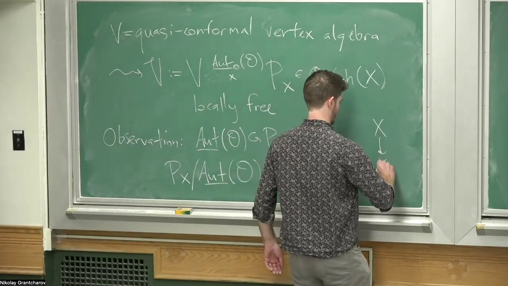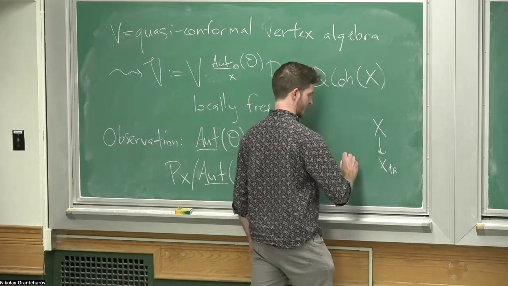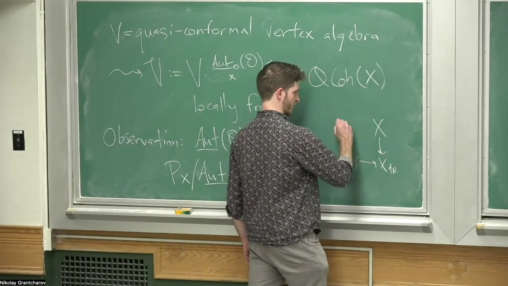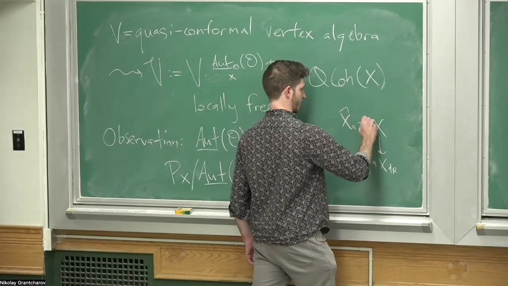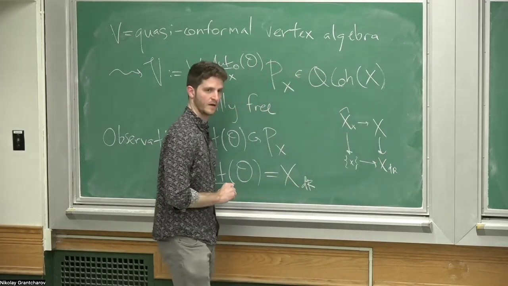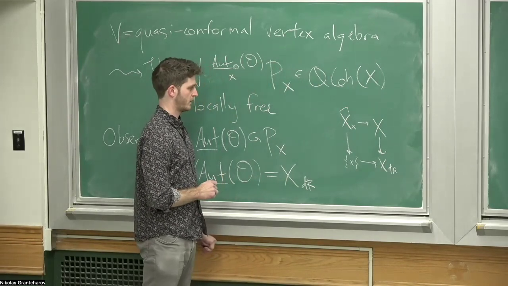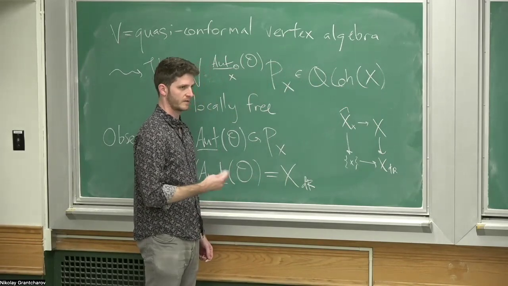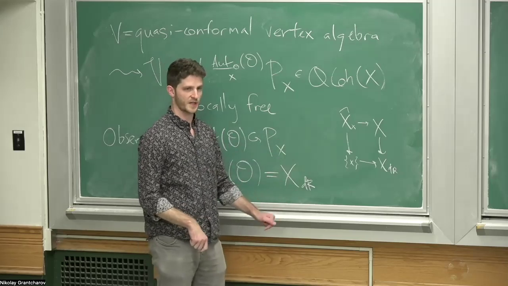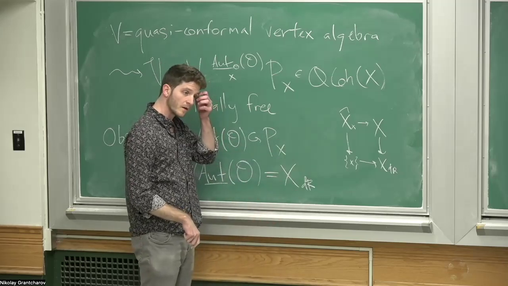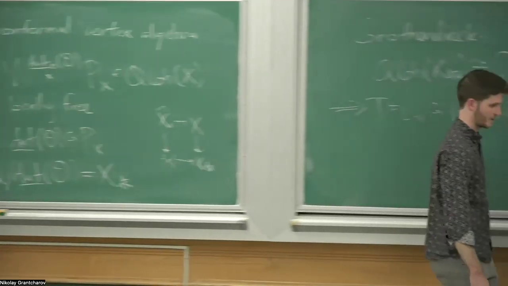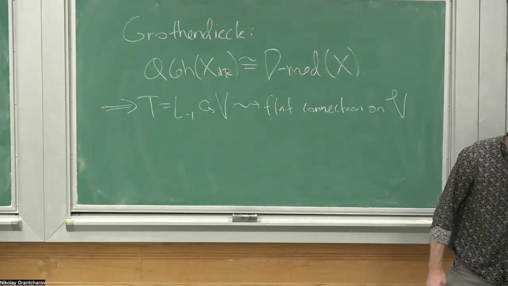You think about what it takes to descend from X to X_dR. The fiber of this projection over an individual point is exactly the formal completion of X at that point. So when I mod out by this O_0, I'm exactly killing these formal directions in X. Okay. Does that make sense? It's somewhat satisfying? Okay, great.